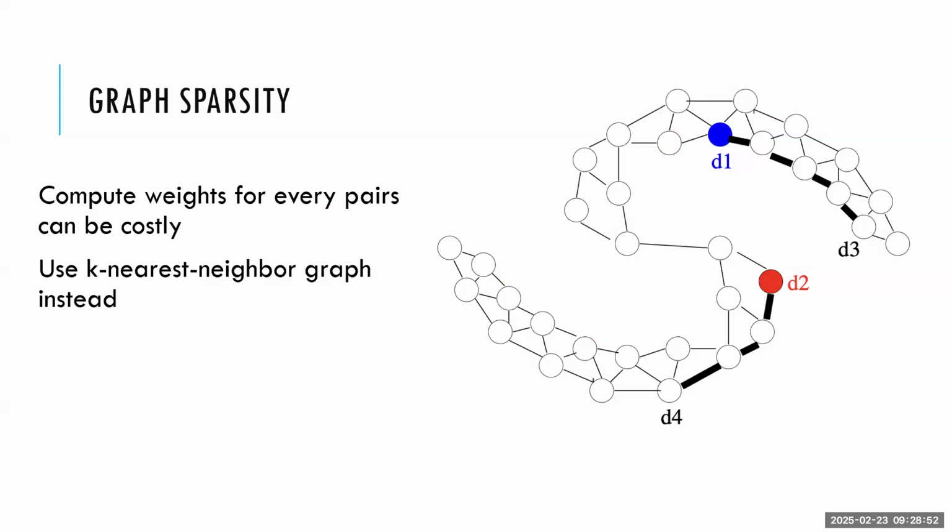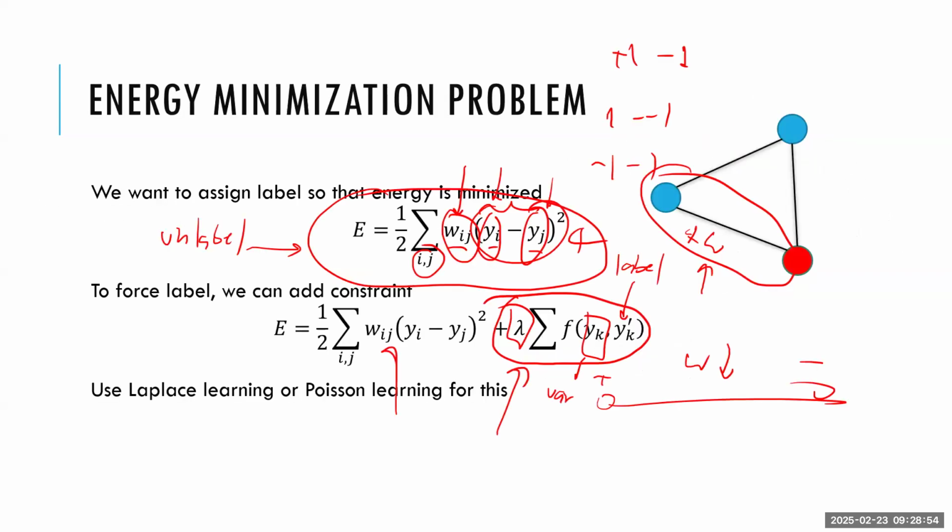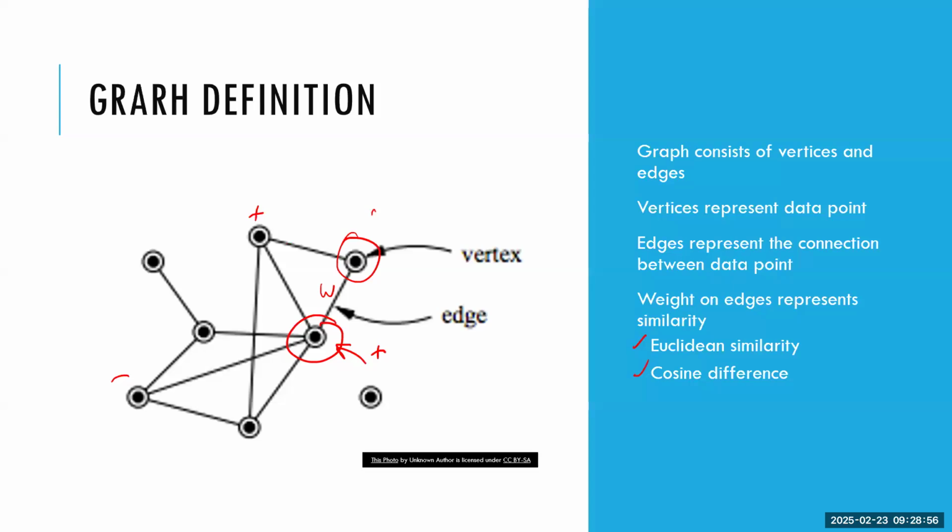Now, when we create a graph, you don't want the graph to be very dense. What I mean by very dense is that the graph has a lot of edges.